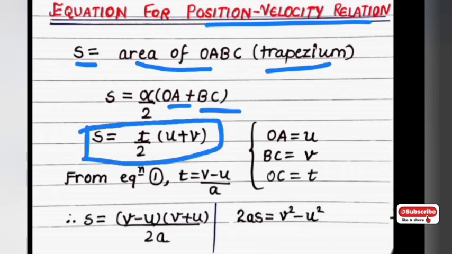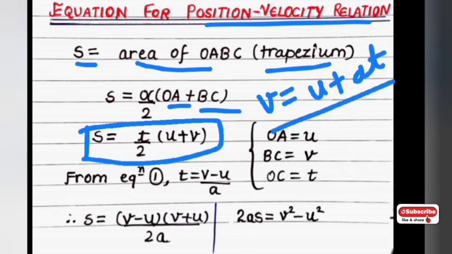Now we have to do one more thing. From equation 1, what we have derived is V equals U plus AT. That was your first kinematic equation. From here you can also get T equals (V minus U) divided by A. So you just have to substitute this value of time in this equation.